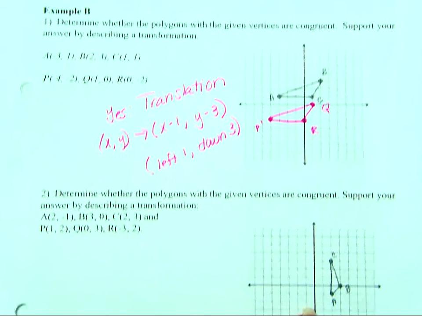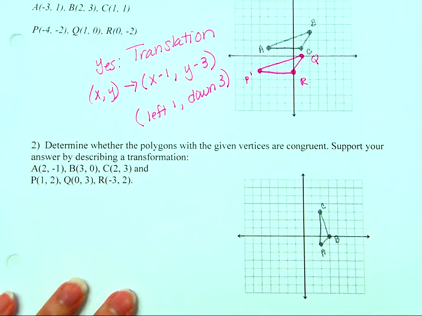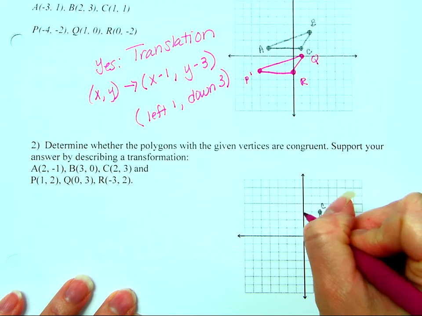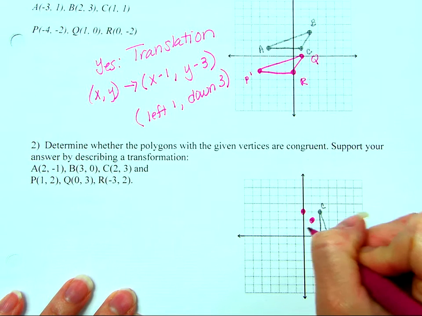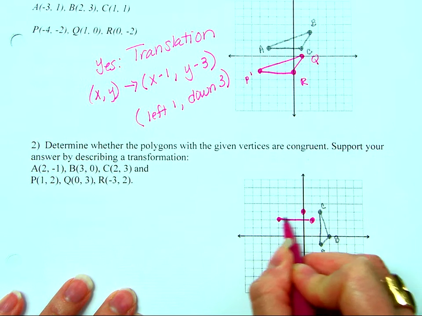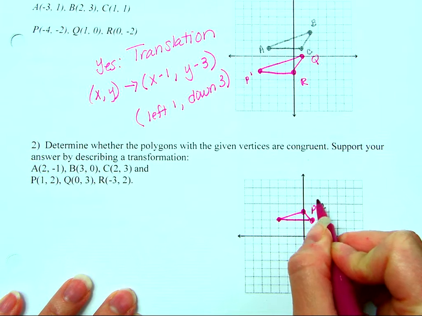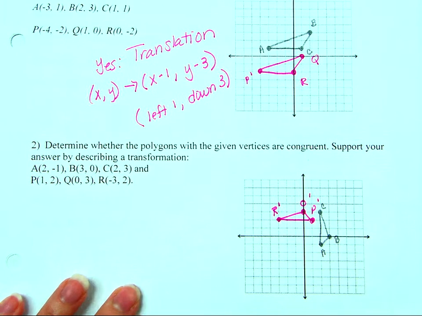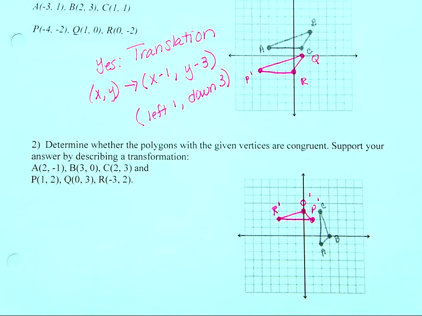In the very last example, again, we're going to plot our points for P, Q, and R. And again, just by eyeball, it appears that these are going to be congruent, but I'm not totally sure.